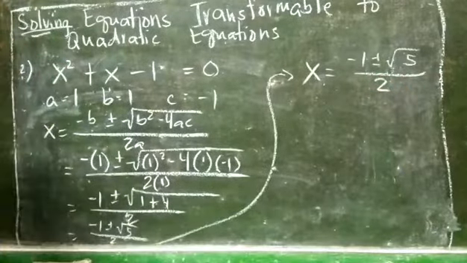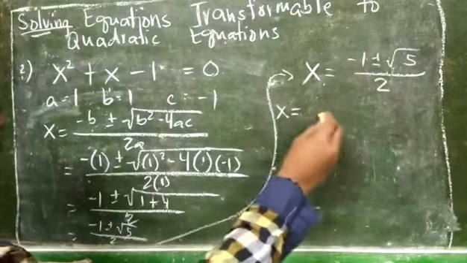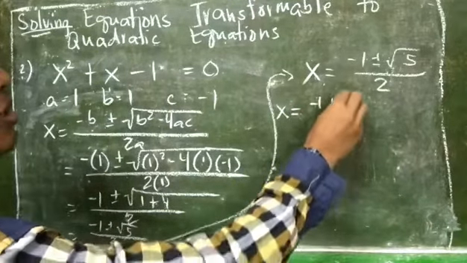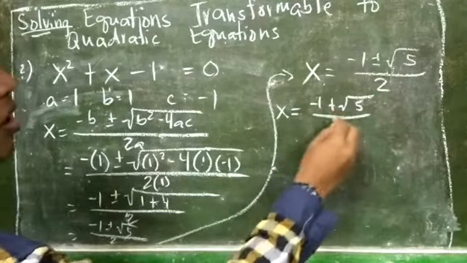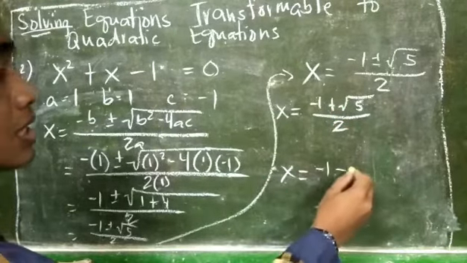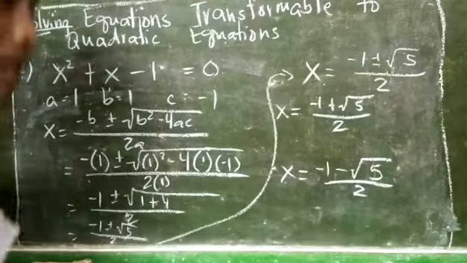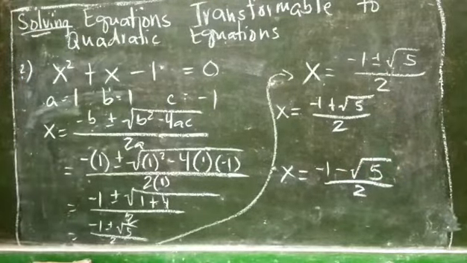Or, pwede nating i-split to see directly na dalawa yung roots niya. So, x now is equal to negative 1 plus square root of 5 over 2. x is equal to negative 1 minus square root of 5 over 2. So, those are now the roots of the equation.